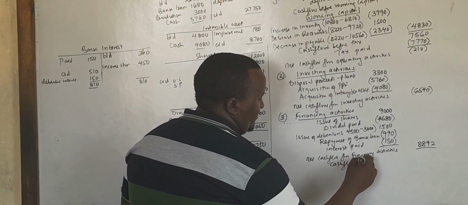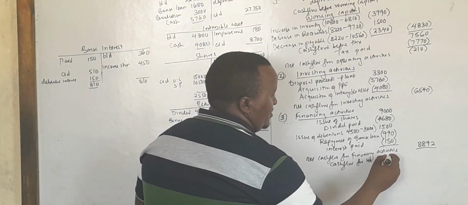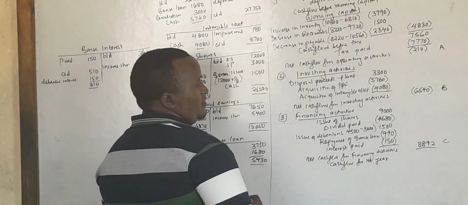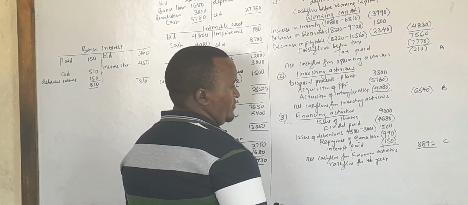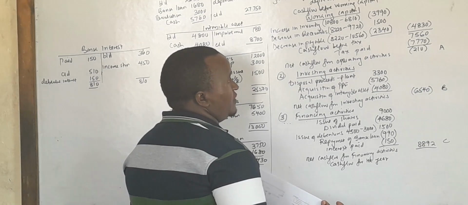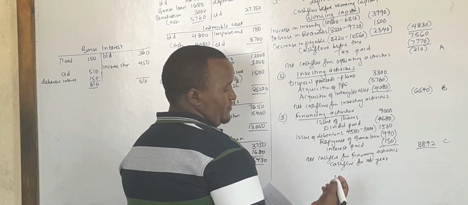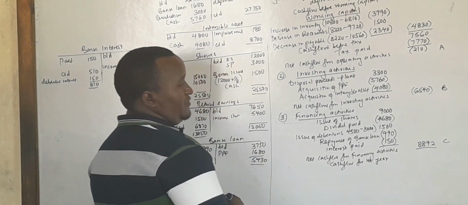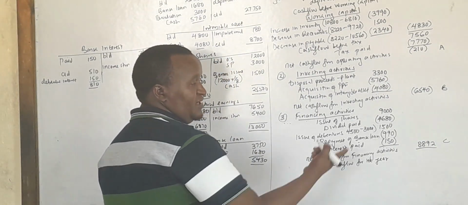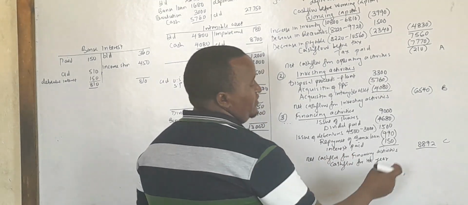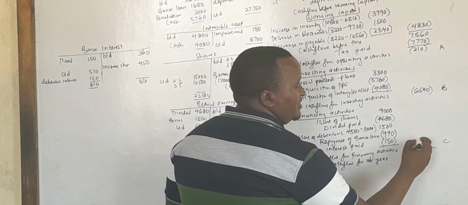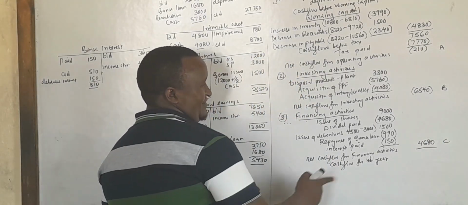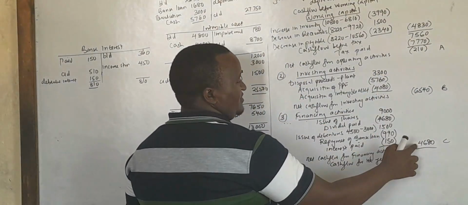So ABC, give your value as your cash flow for the year. Is it that way? Sorry. 680. Yeah. Okay. So for the year, this minus plus.